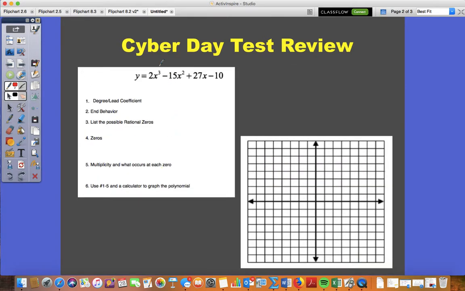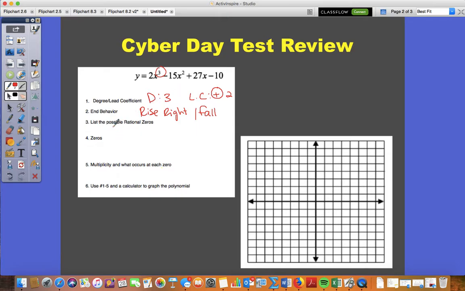The next one has a degree of 3. Again, if you haven't done this yet, pause this and at least attempt it. So we have a degree of 3, lead coefficient that's positive, and it's +2, but we just need to know that it's positive. This also will rise to the right, fall left, mainly because it's positive odd.